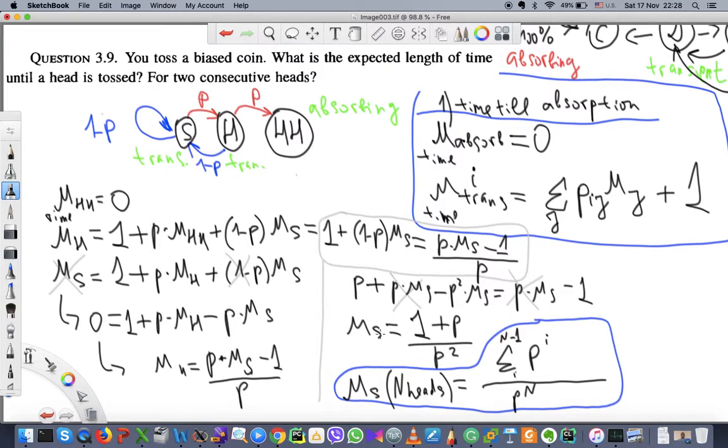If we are interested in getting to three heads, we will have 1 plus p squared over p cubed. Now, when I mentioned that we can deduce the case of the first head going from start to H, well, that would be just n equal to 1, so the probability would be 1 over p.